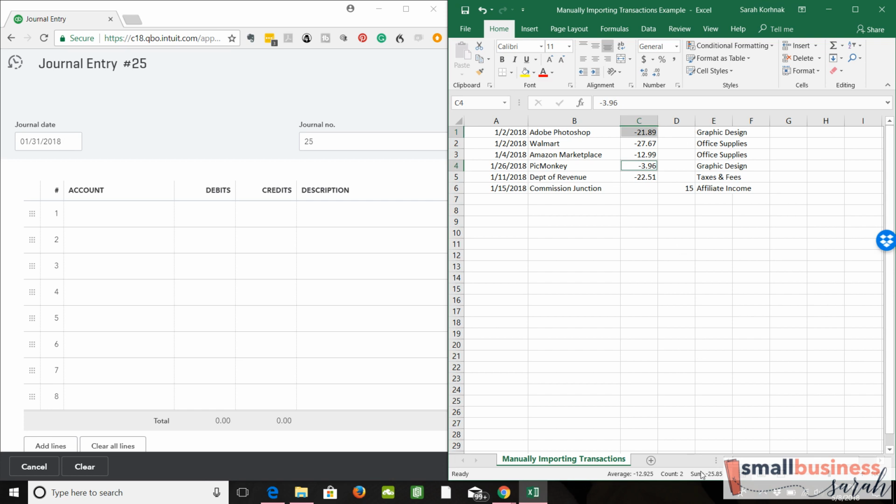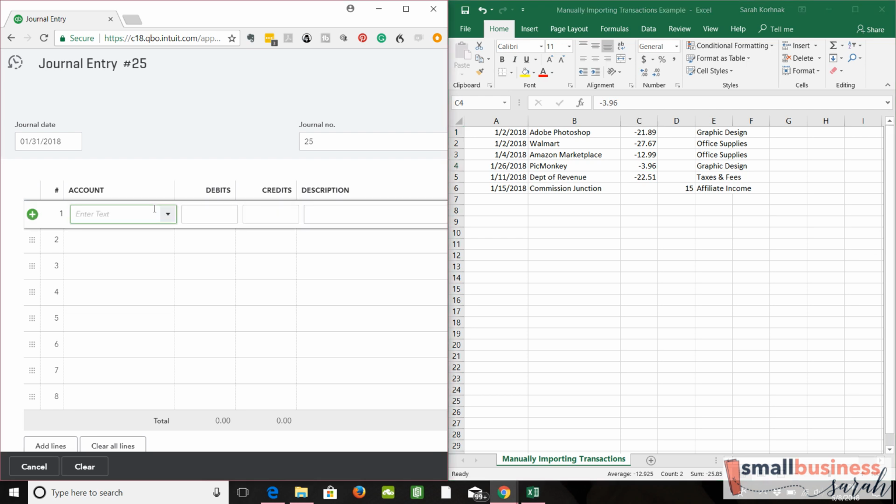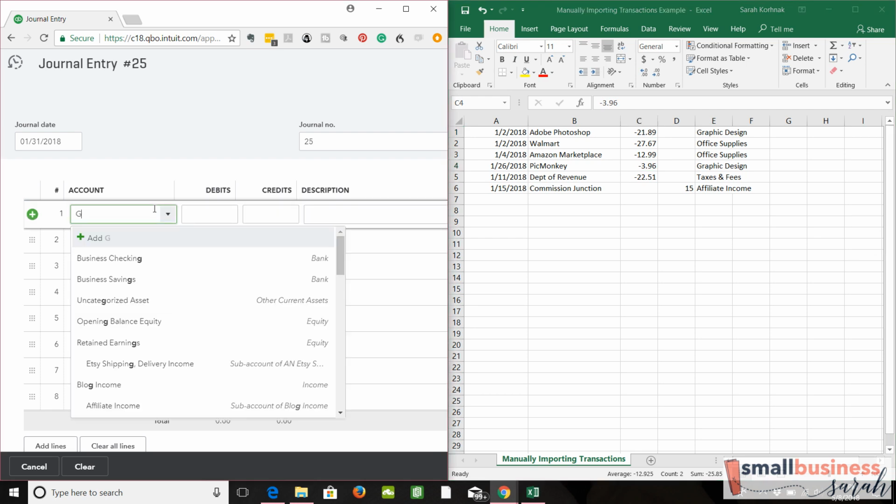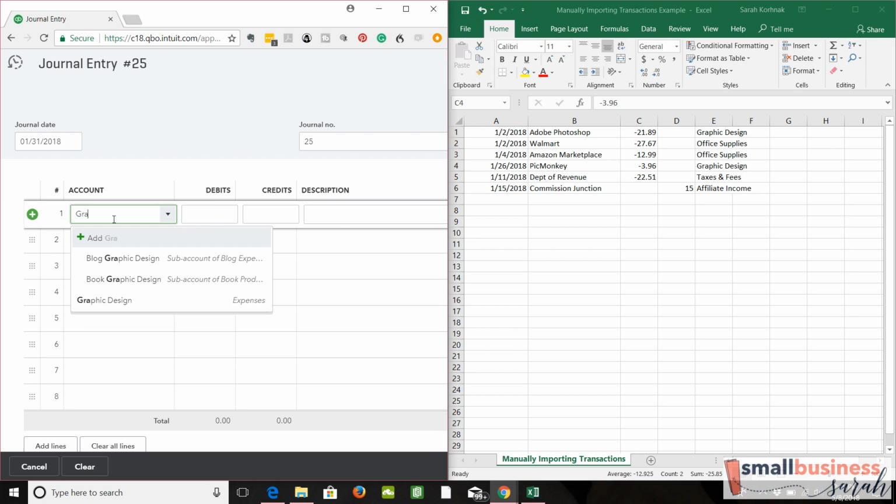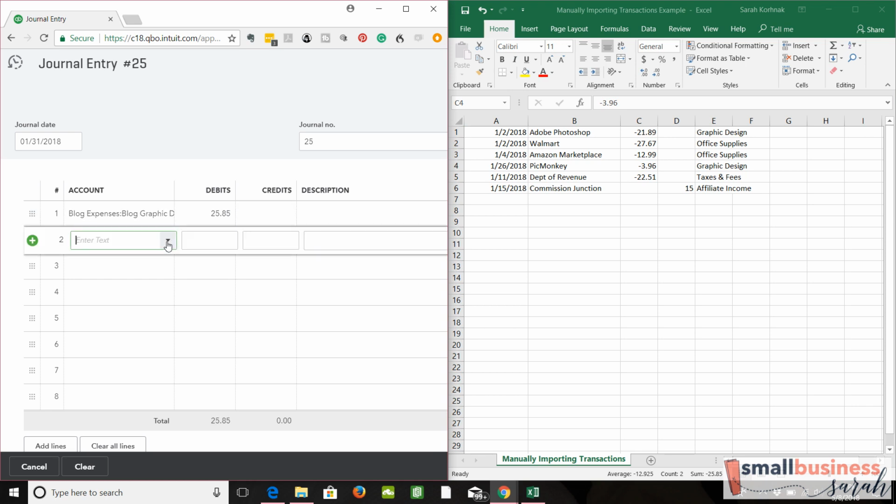Okay, so that sums to $25.85. So what we're going to do is we're going to come over here. We're going to find our expense. So graphic design, sub-account of blog expense, blog graphic design. And our expenses are going to go in the debit column. So we had $25.85 of graphic design expense.